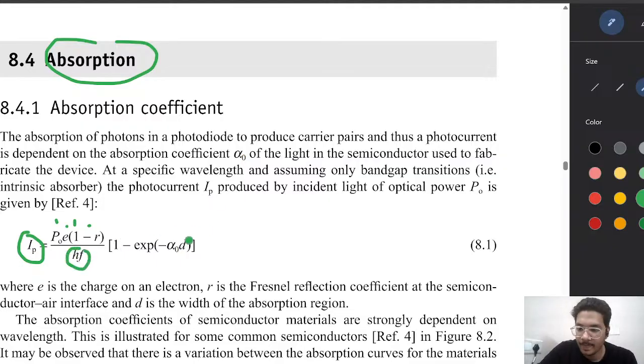P naught is the incident power, e is the electron charge, R is the Fresnel reflection coefficient, and alpha stands for the absorption coefficient.